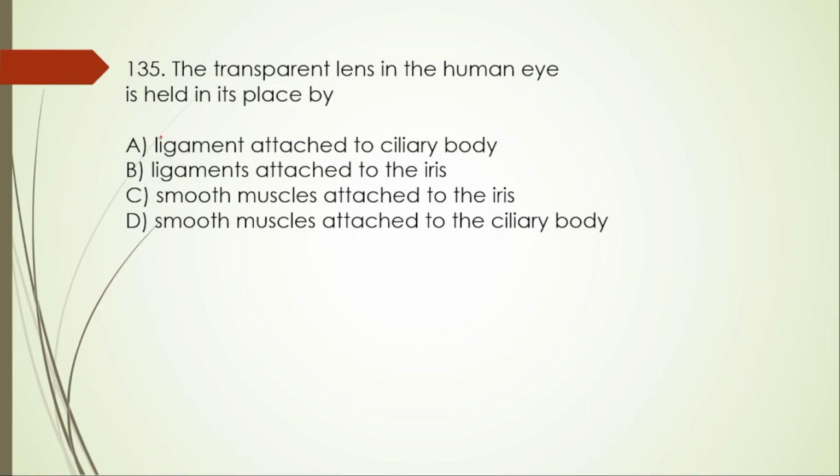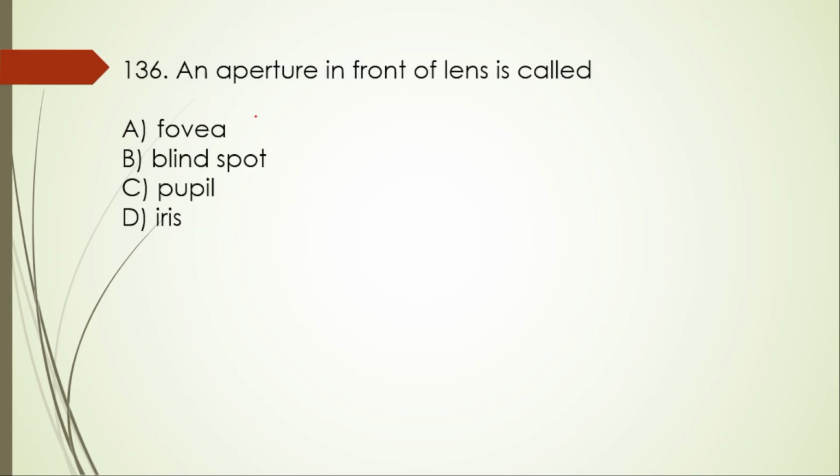Next, 135. The transparent lens in the human eye is held in its place by ligament attached to the ciliary body. Yes, this one is right. Ligament attached to the iris, smooth muscles attached to the iris, smooth muscle attached to the ciliary body. So here the right option is option A. Next, 136.